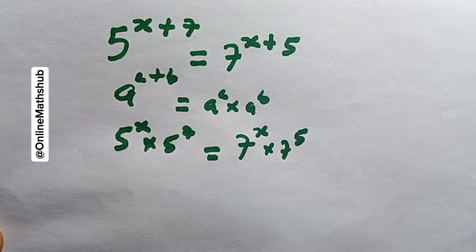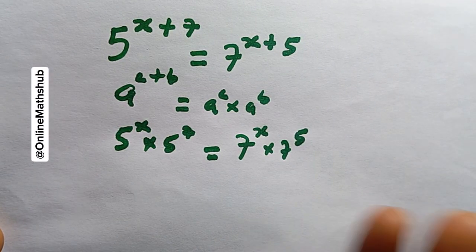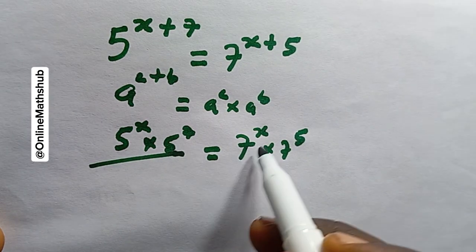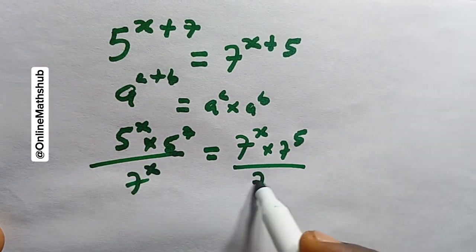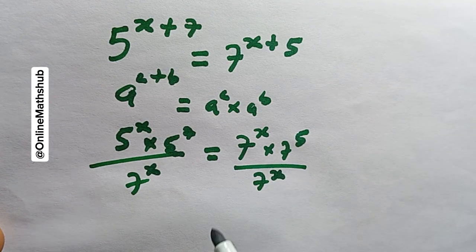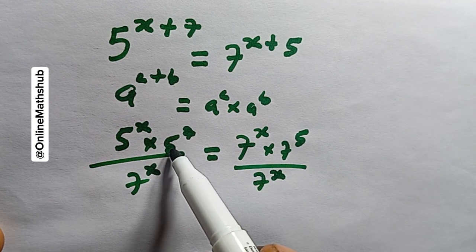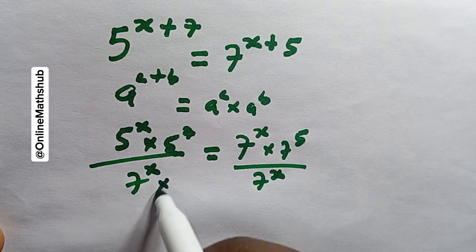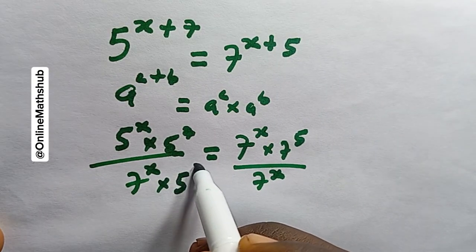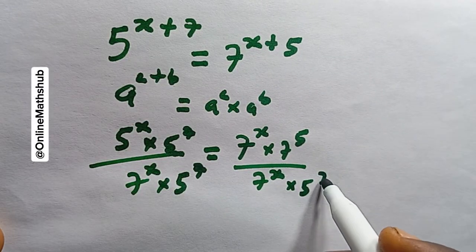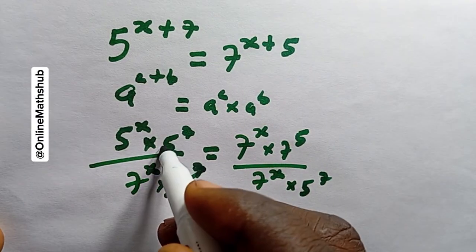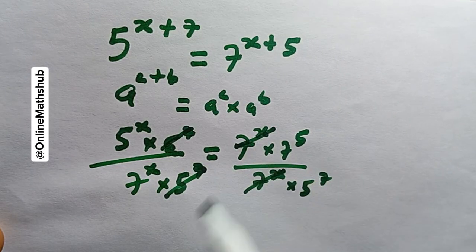Okay, so what I'm going to do next is just to find a way to group the ones that have x on one side and the ones containing numbers on the other side. The first thing I will do is divide through by 7^x, and because I also want to eliminate this 5^7, I will also divide through by 5^7, so that this cancels this and this cancels this.